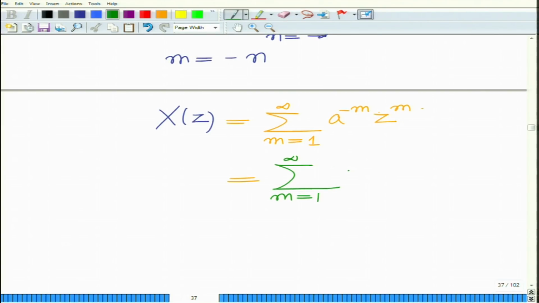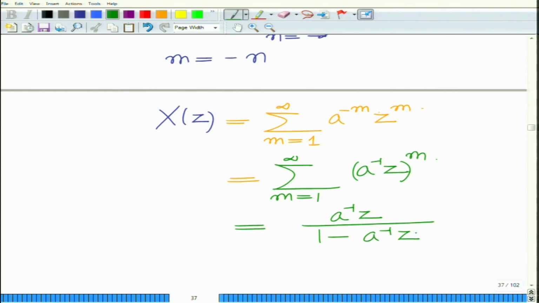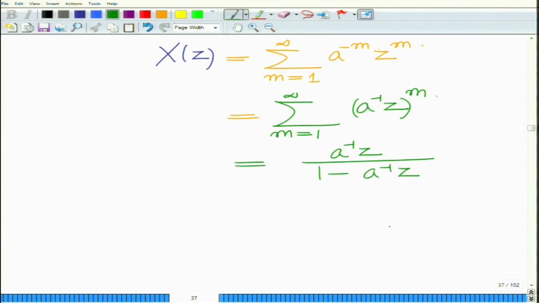Which is basically the summation over m of (a inverse z)^m, which is basically a inverse z divided by 1 minus a inverse z, but this converges only if a inverse z, this quantity, has magnitude strictly less than 1.